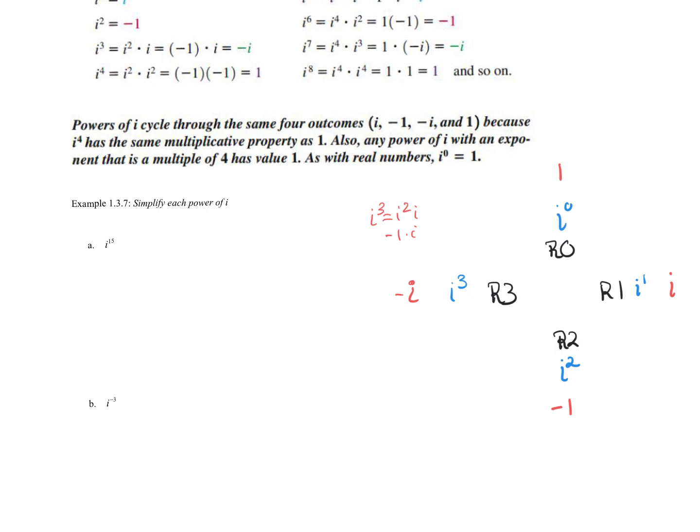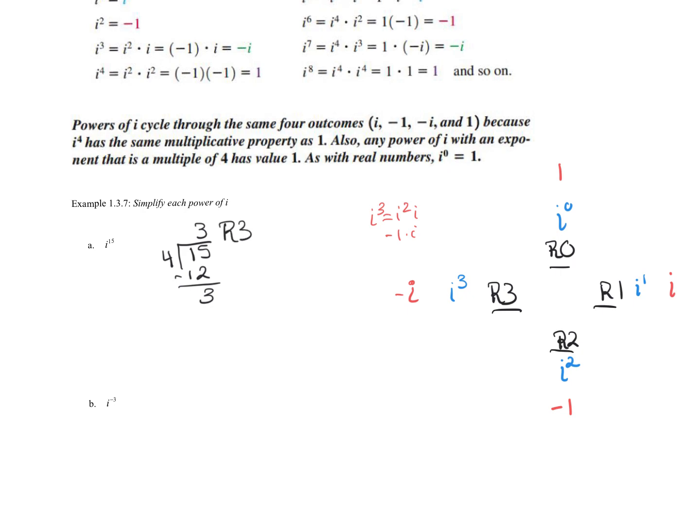So the first one, all you should do is long division. There's 4 things in the pattern, 1, 2, 3, 4, and after that, they just repeat themselves again. So I'm going to take 15 and long divide, old school long divide, by 4. 4 goes into 15 3 times. 4 times 3 is 12 with a remainder of 3.